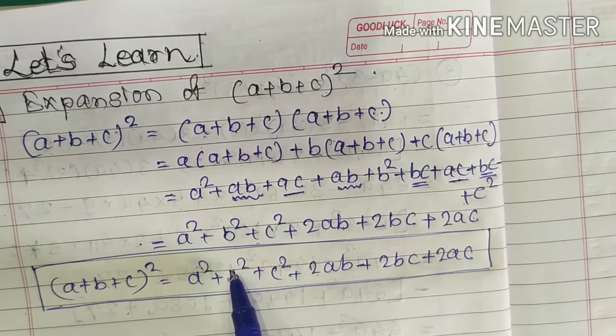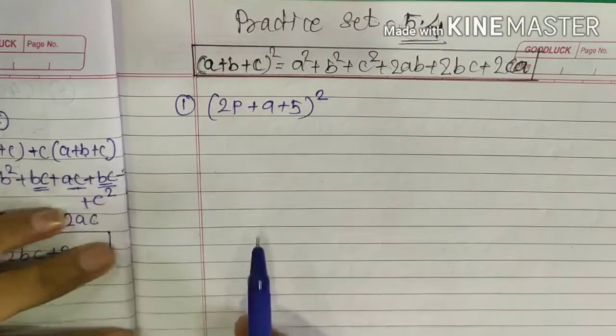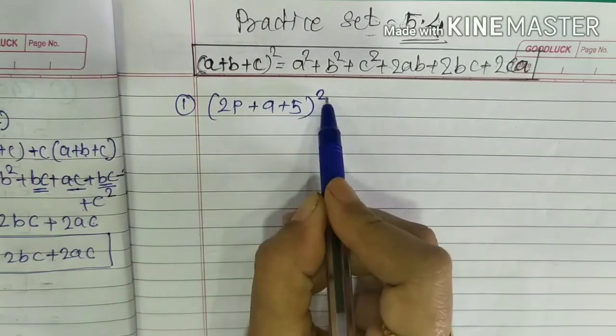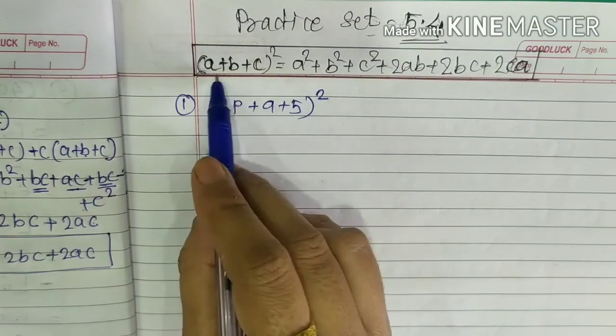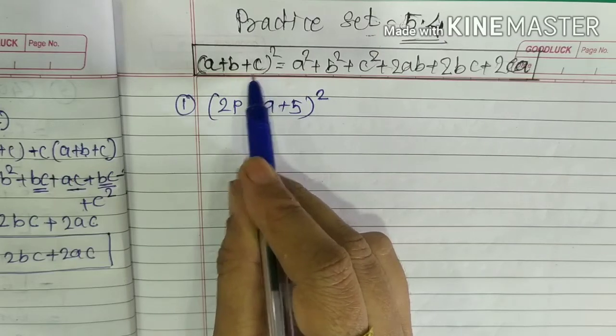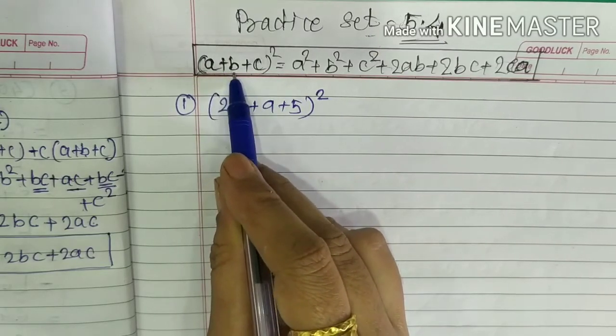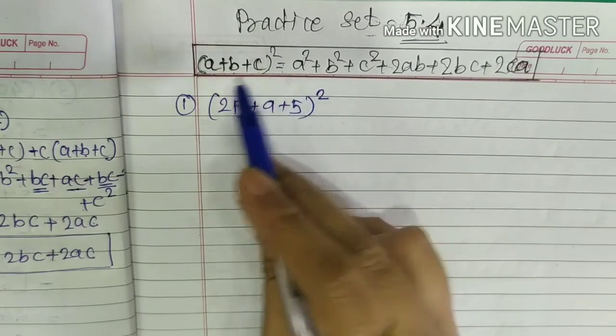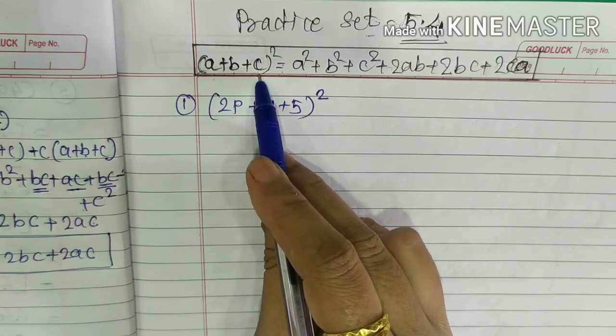Next is practice set number 5.4, where the examples are based on this formula. We solve the examples by using the expansion formula (a + b + c) whole square is equal to, these are the three terms. You can remember this formula easily like this.